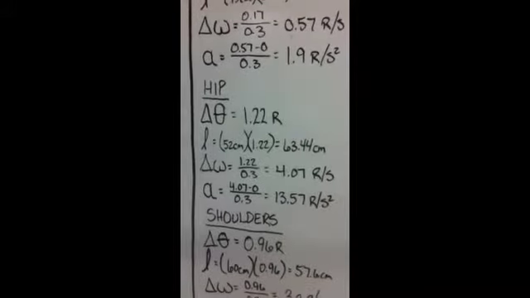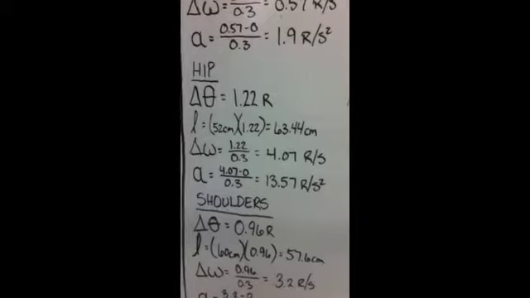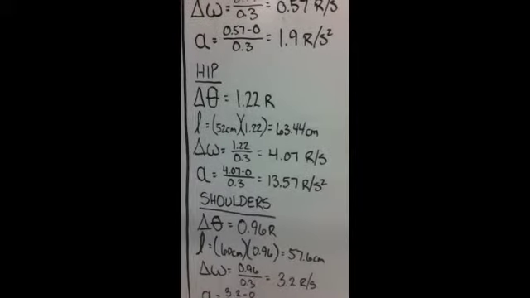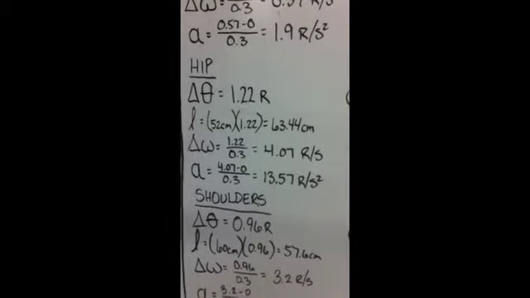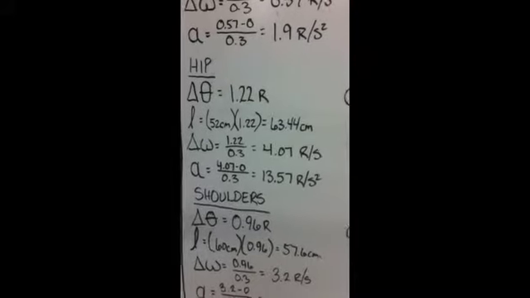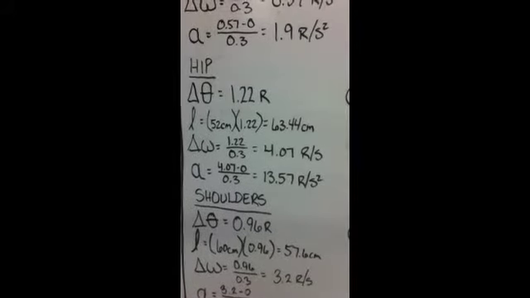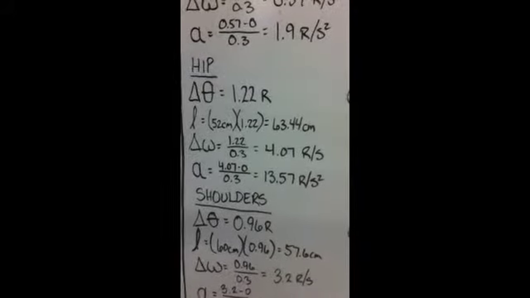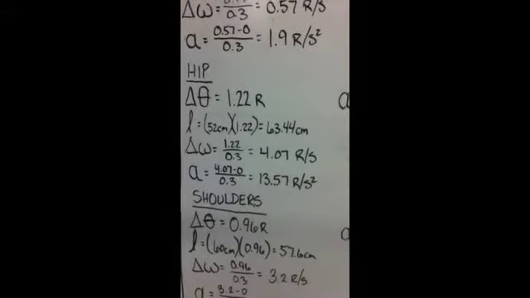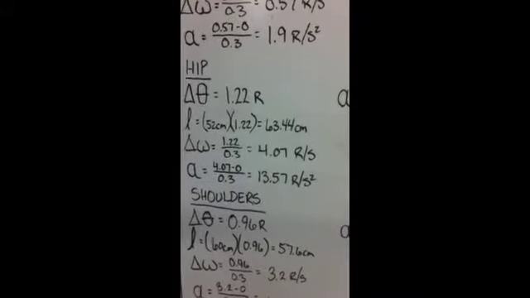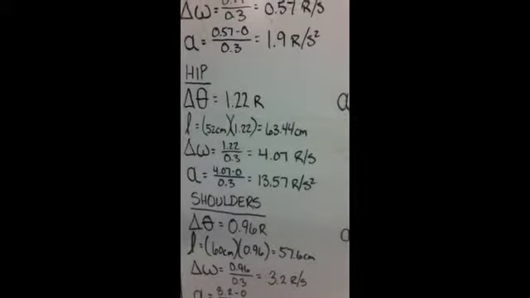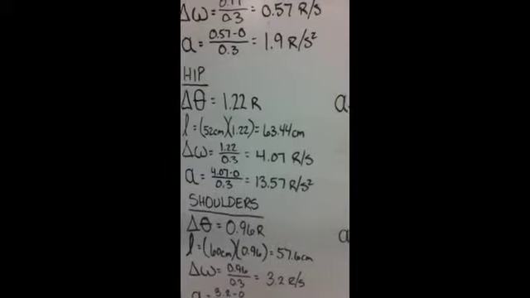Then we go to the calculations for the hips. Angular displacement of 1.22 radians, arc length of 63.44 centimeters, angular velocity of 4.07 radians per second, and then an angular acceleration of 13.57 radians per second squared.